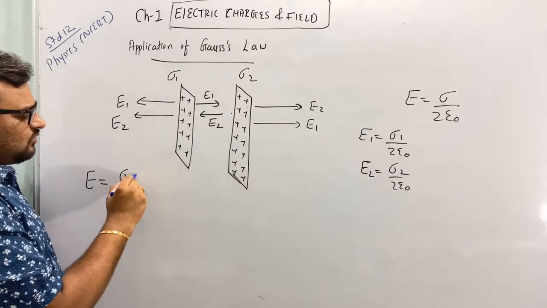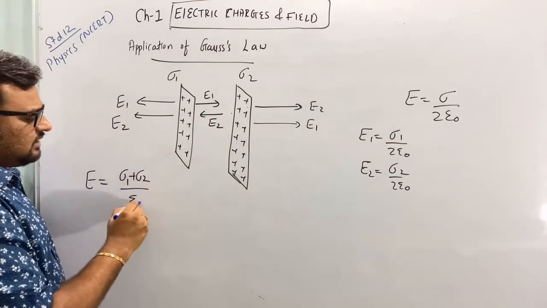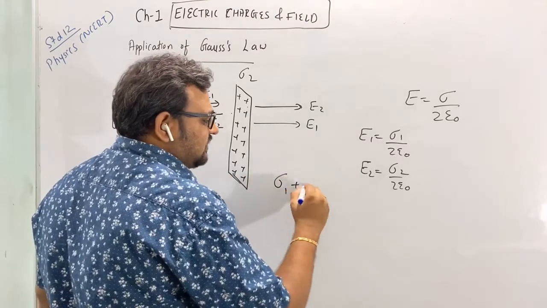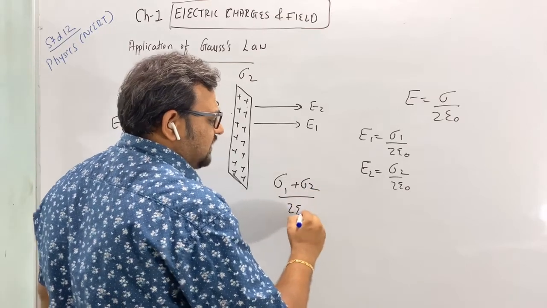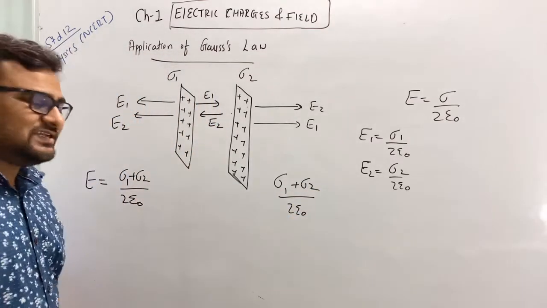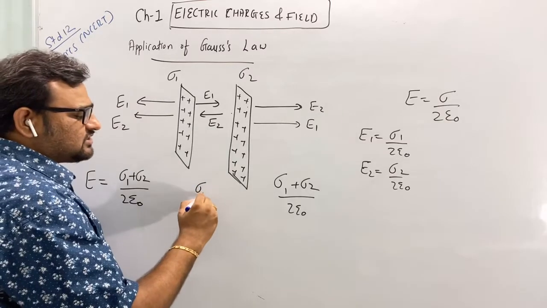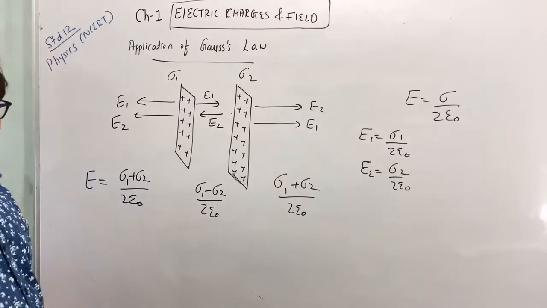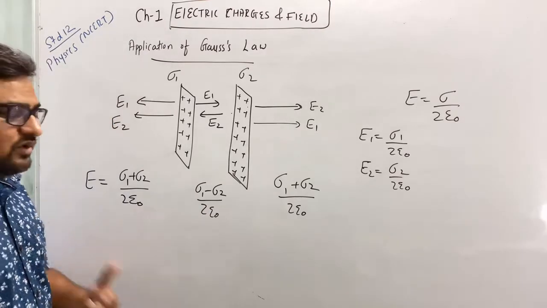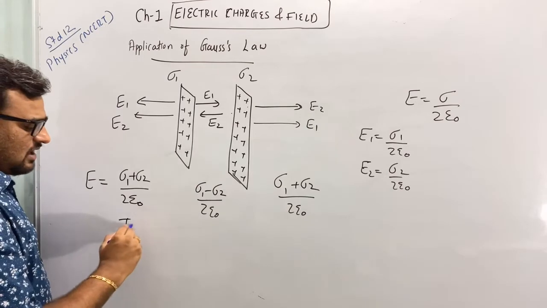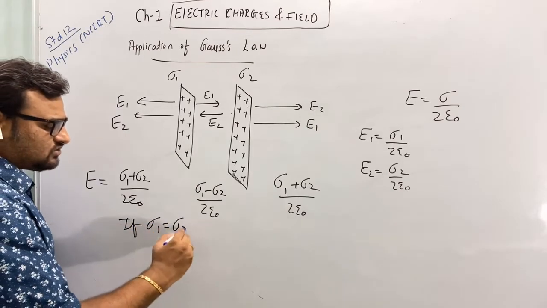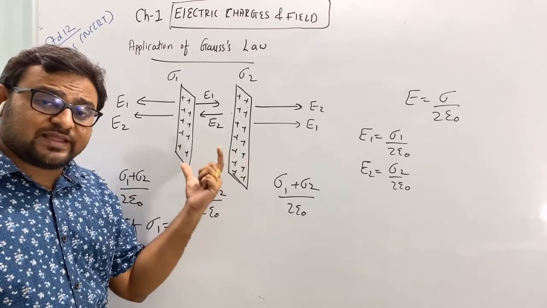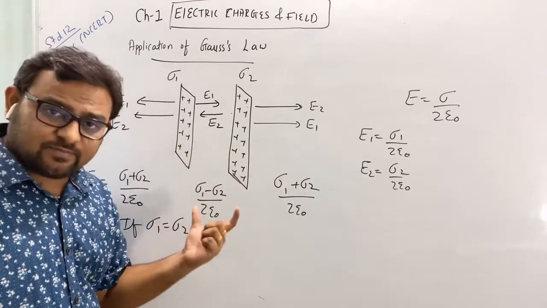So it will be sigma 1 plus sigma 2 by 2 epsilon 0. In this outer region also, sigma 1 plus sigma 2 by 2 epsilon 0. But in this region, it is in the opposite direction, so sigma 1 minus sigma 2 by 2 epsilon 0. Now, if sigma 1 is equal to sigma 2, meaning the surface charge density on both plates is the same, then what will happen?